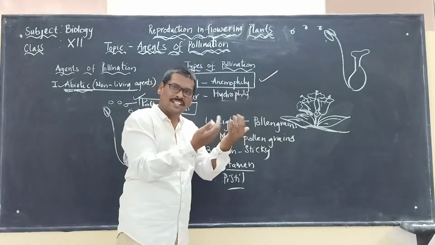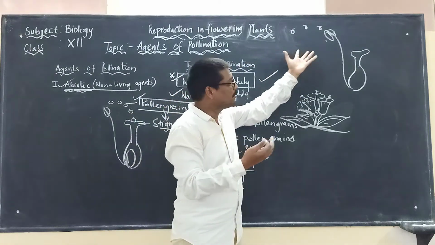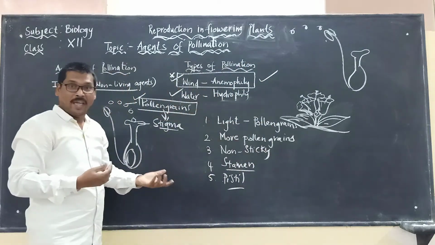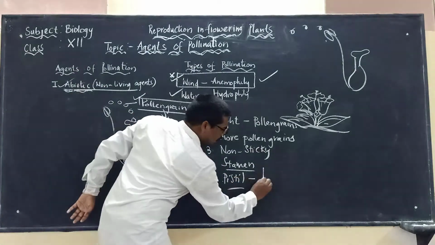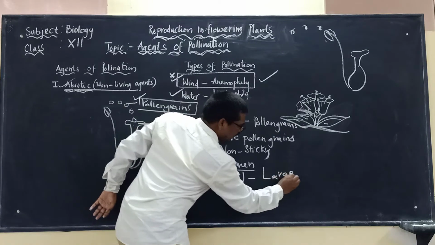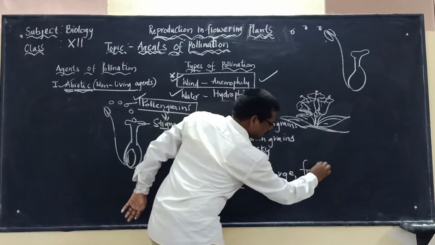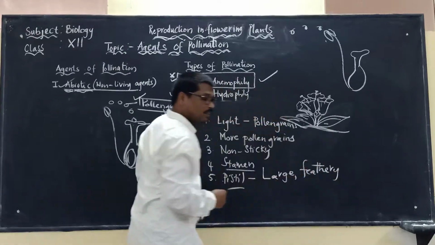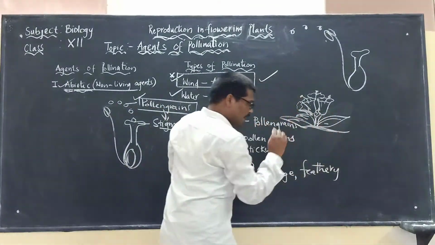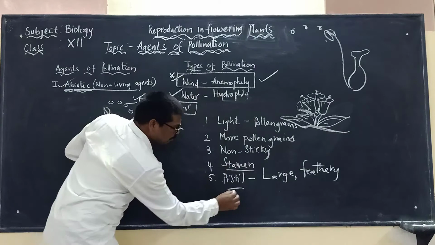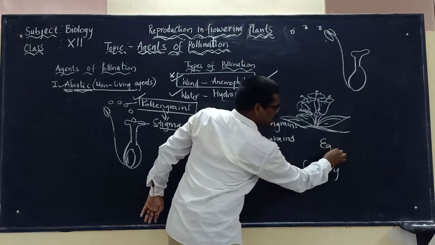All the pollen grains released from the stamen will fall on the pistil, which is large in size and feathery, so that it can easily collect the pollen grains.